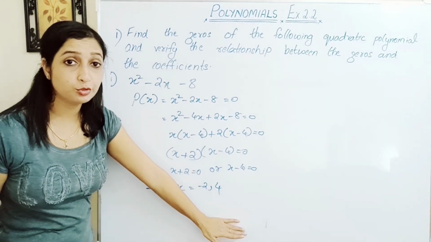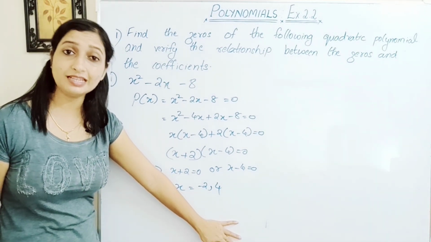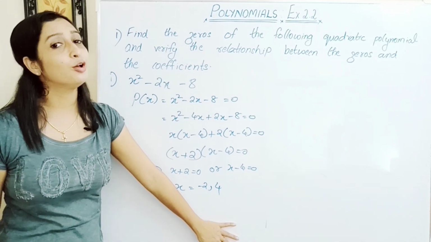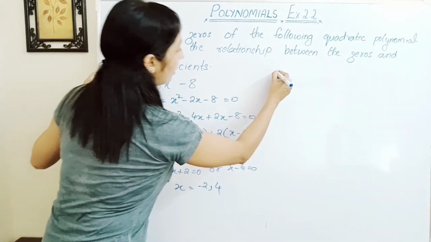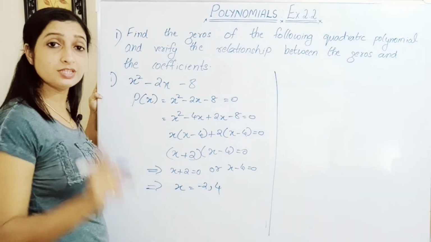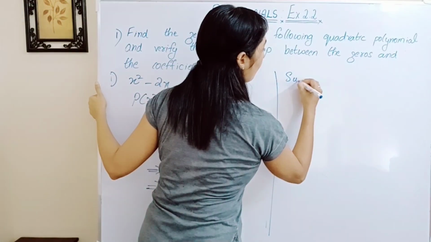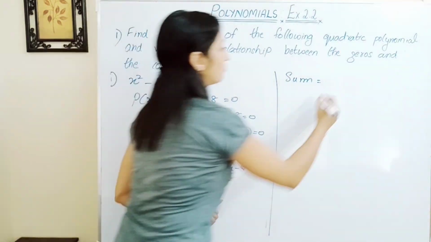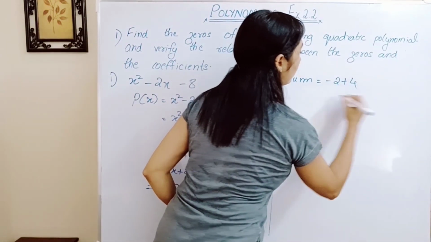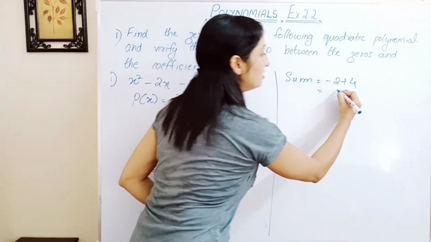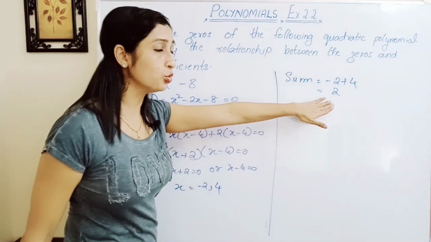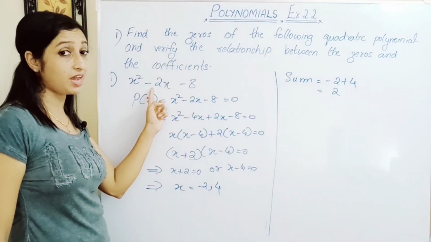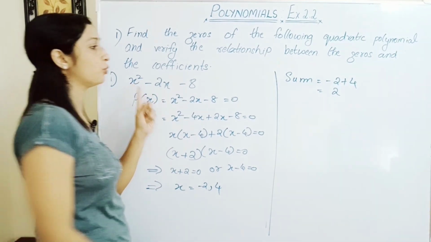Now what do you have to do? They have asked you to find out the relationship between the zeros and coefficients. So let's find out the relationship. For that, first I am finding the sum. Now what is the sum of the zeros? Minus 2 plus 4, and our answer is 2. And this 2 I can write as minus of minus 2 by 1.